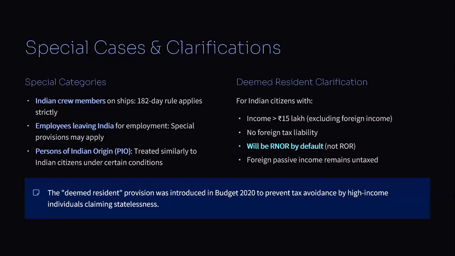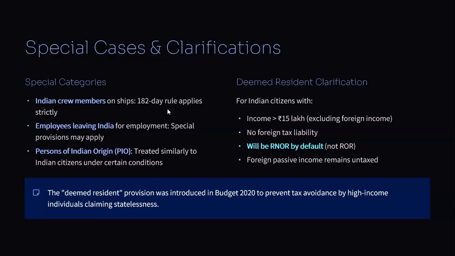Secondly, if an employee is leaving India for employment, then special provisions can be applied. And third, if a person is of Indian origin and is under certain conditions in India, then he's treated as an Indian citizen. So these special categories allow me to consider any person as an ordinary resident, even though he is not following any basic condition.